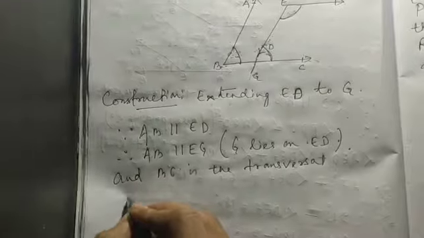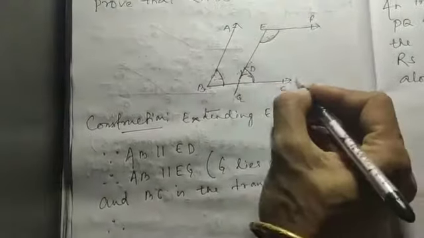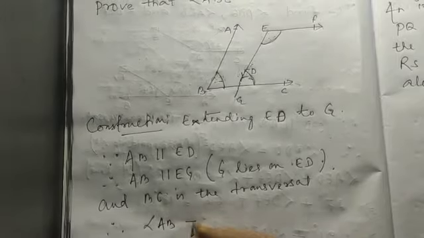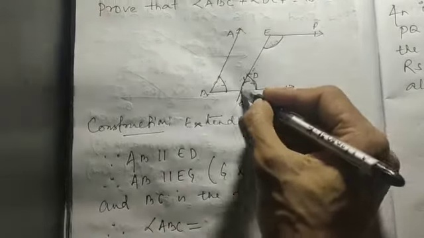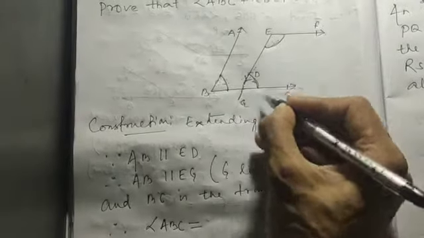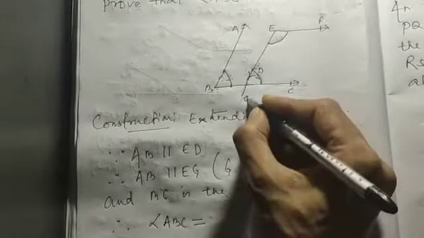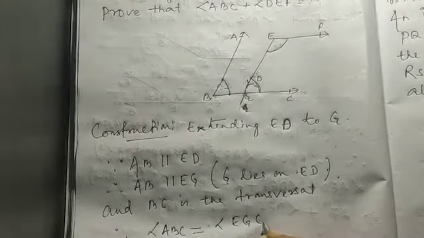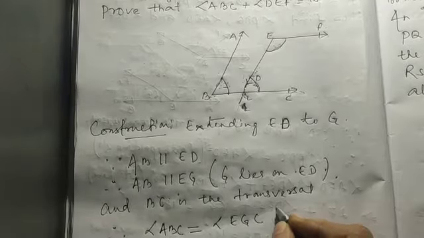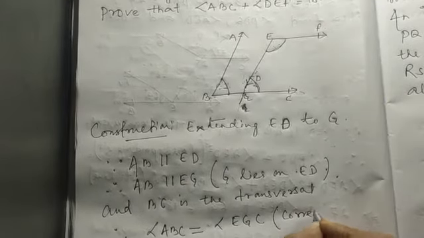So therefore angle ABC is equal to angle EGC. Let us write down, give the name here, EGC. Both are equal. Why? Corresponding angles.